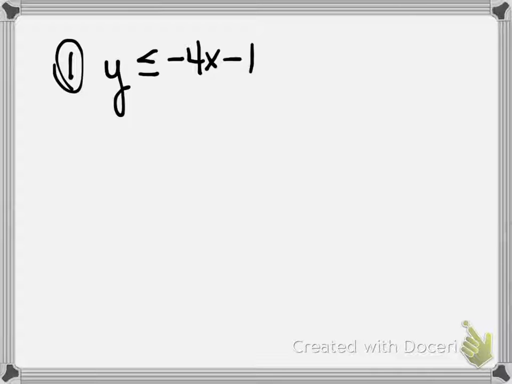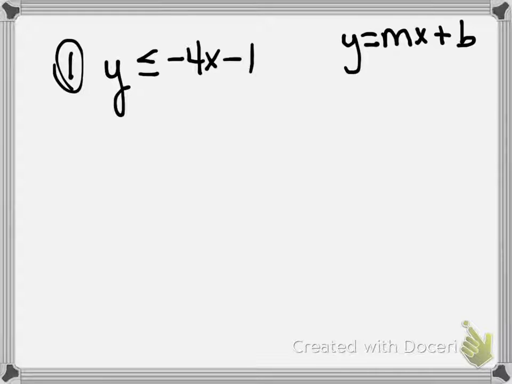So if you look at the activity 3.7, graphing linear inequalities, number 1 on that activity says y is less than or equal to negative 4x minus 1. I hope this looks familiar to you because I hope you realize that looks an awful lot like the equation of a line.